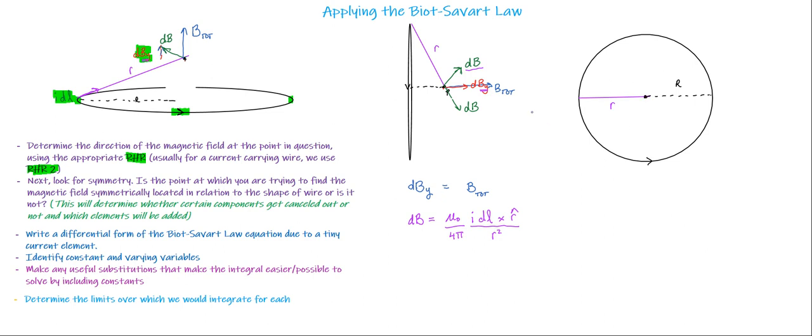Now, we have to consider a few different things. Right now, we're trying to figure out the y component of an element of the magnetic field, in order to get the total. So I'm going to use this angle over here, and I'm going to call this angle phi. Okay, so that angle is labeled as phi, and I'm going to say that that angle is going to be equivalent to this angle over here, phi.